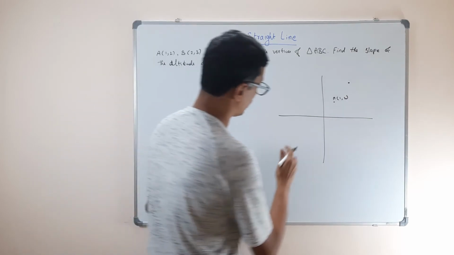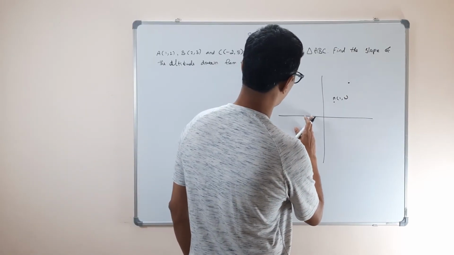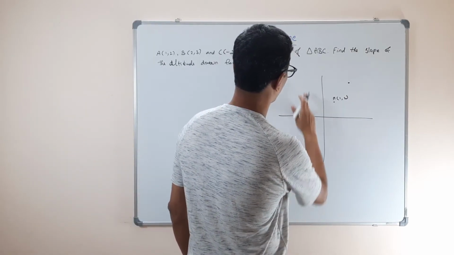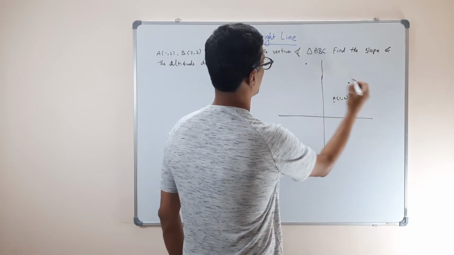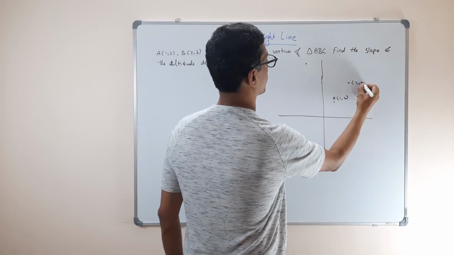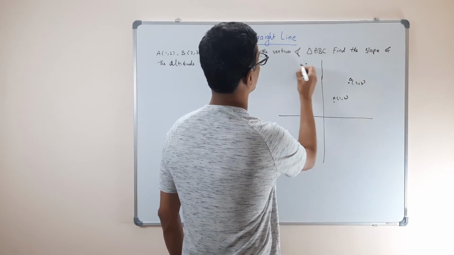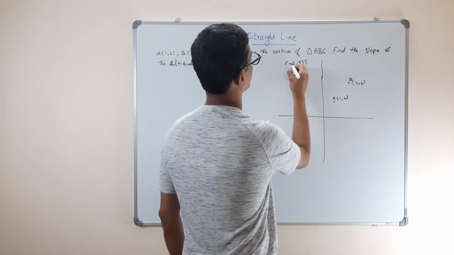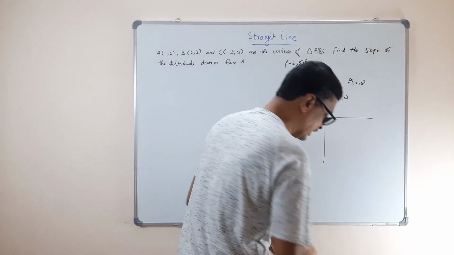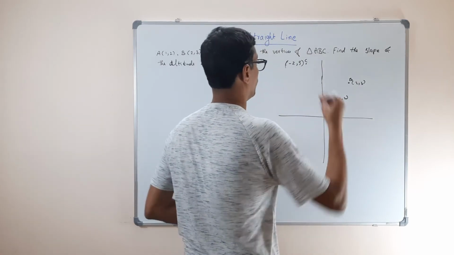Oh my God, they have written minus 2 and 5 here. Am I right? Something like this. So this is 2, 3, that is B, and this is C, that is minus 2, 5. So this is the triangle they have.